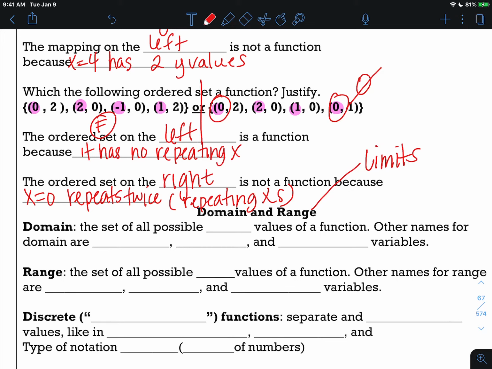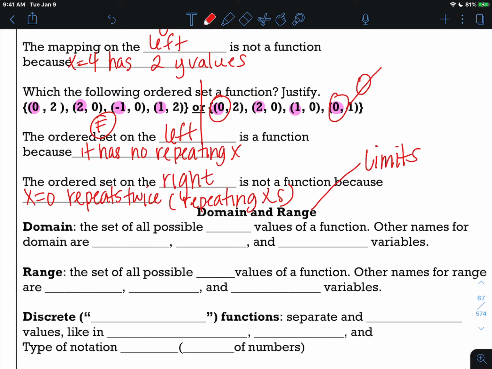What's the highest they go, the lowest they go, the furthest right, and the furthest left? If I put everything onto a graph, all I have to do is just run something up and down, how far right, how far left. Those tell me my domain and range, okay? There's a very easy way to do this, and we'll be talking more about that later, but for now, we're just going to learn the basics of it.